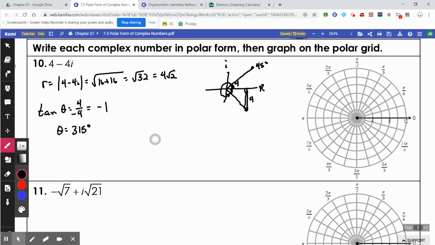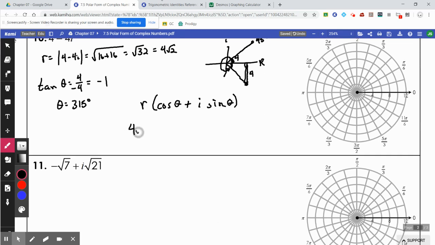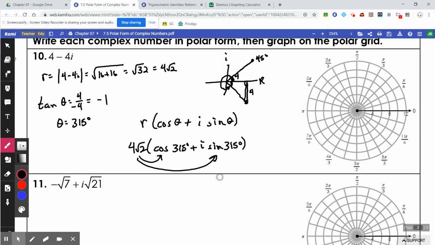Your trig form, or polar form, is r cosine theta plus i sine theta. So you have your modulus, 4 root 2, times the cosine of 315 plus i sine 315. If you were to multiply this back out, you should get 4 minus 4i.